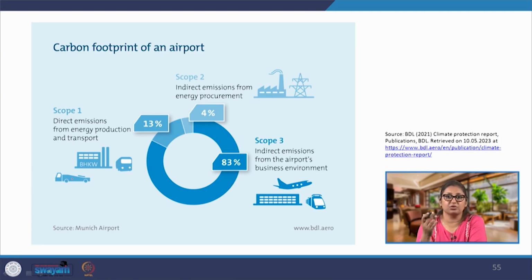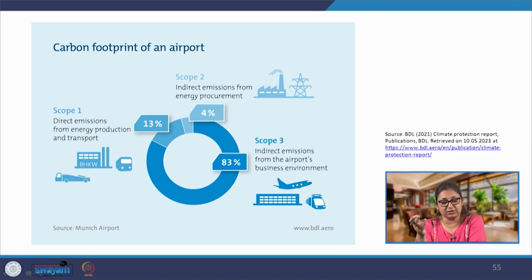There are cargoes, there is a lot of people transportation that is happening. So, a lot of this transportation and the emissions resulting from them is the direct emission for the airport, scope 1 emissions, which is significant. Here we are seeing 13% of the direct emissions are there.